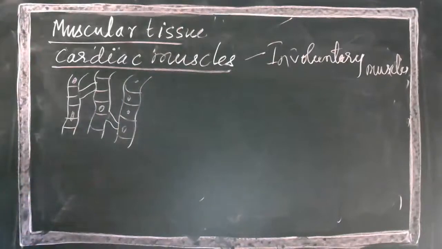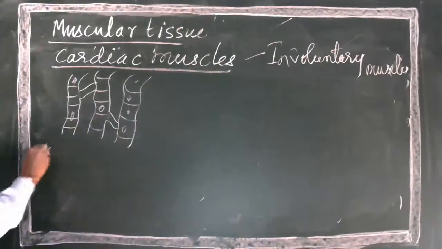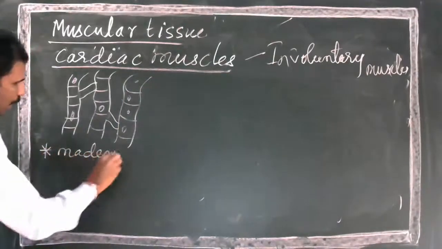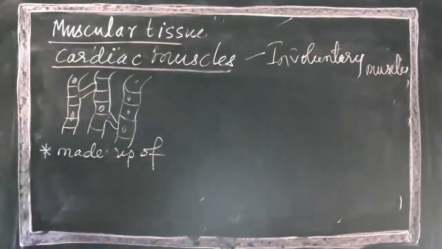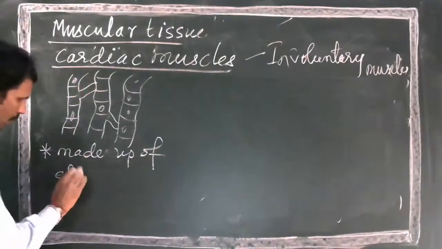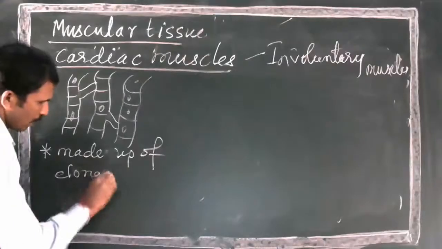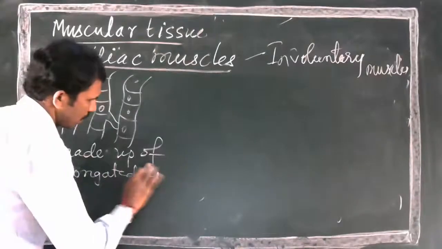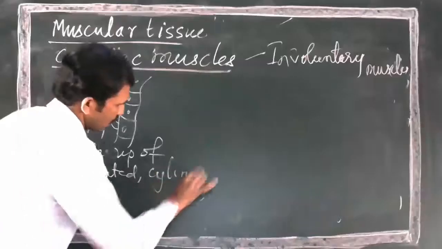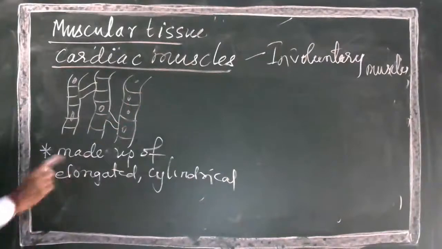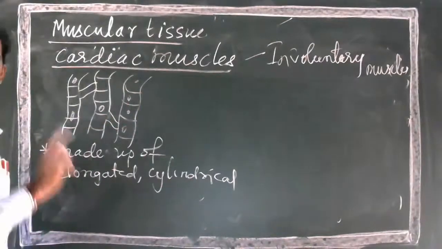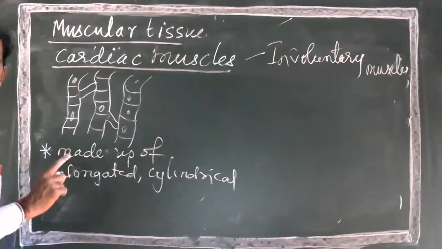So cardiac muscle is made up of elongated, cylindrical, branched muscle fibers with straps. I am repeating, you can write it down. Those who are not able to see the board properly, write it down.